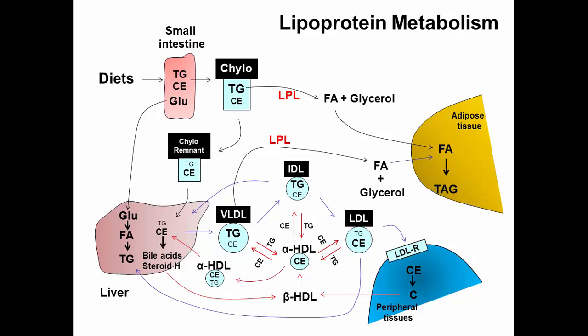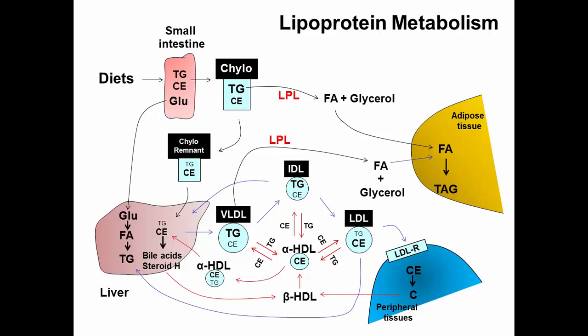And this cholesterol ester actually initially comes from alpha HDL, right? After lipid exchange, lots of cholesterol esters are transferred to the IDL and VLDL from the HDL, and the triglyceride is also further picked up by the HDL. So eventually LDL will be picked up by the peripheral tissue or the liver, both the liver and the peripheral tissue. And the LDL receptor is required, right, for pickup of LDL.